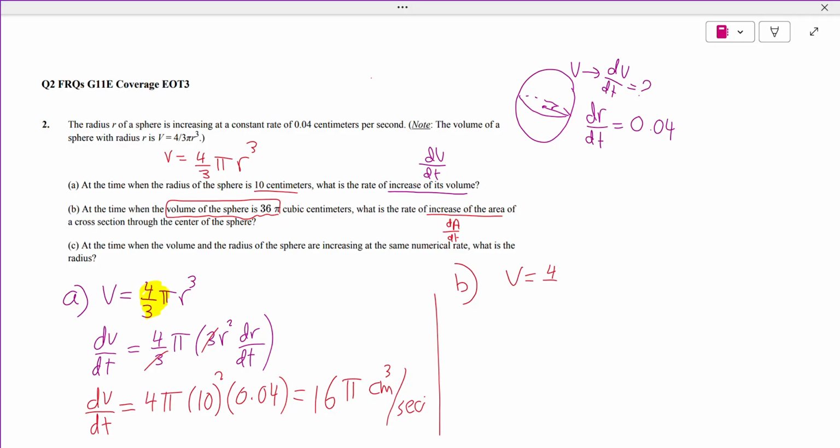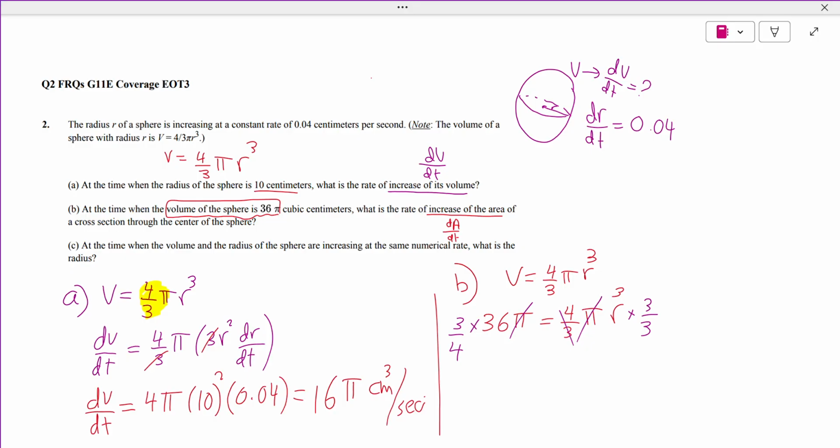It is 4/3 pi r cubed. This is the volume formula. Now the volume equals 36 pi given in part B. This is 4/3 and this is pi and this is r cubed. Now what happens? We can cancel the pi on both sides. We can multiply by 3/4 here and there.